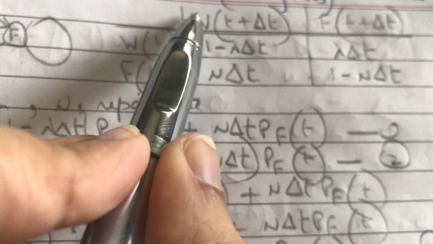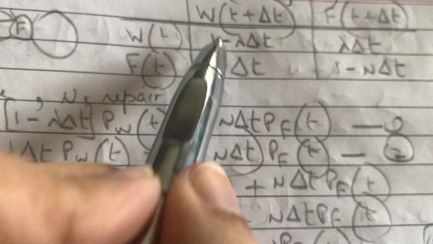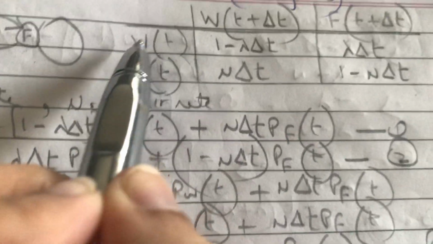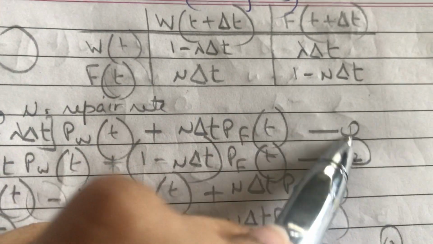Got it? In the first part, probability of working condition, we keep these two things in multiplication with their probabilities, and now we name this equation 1.